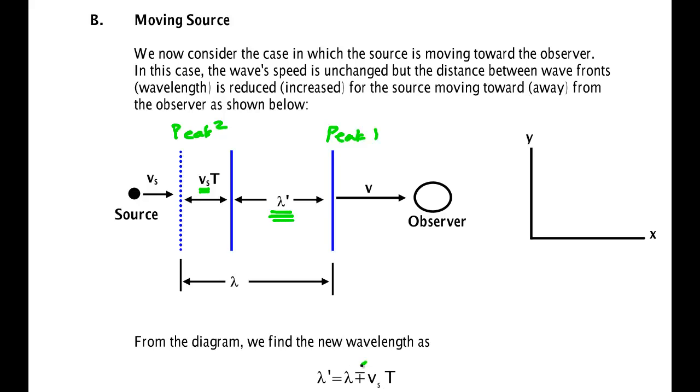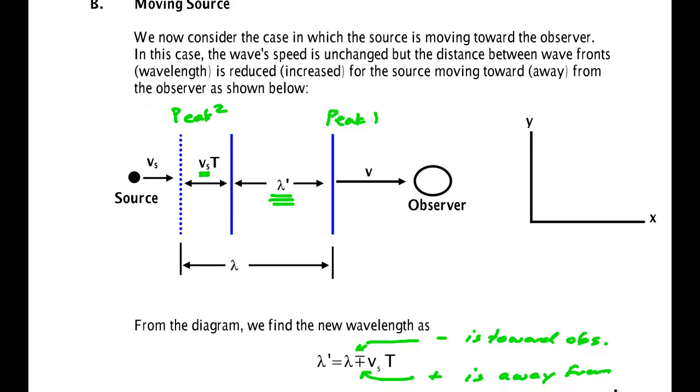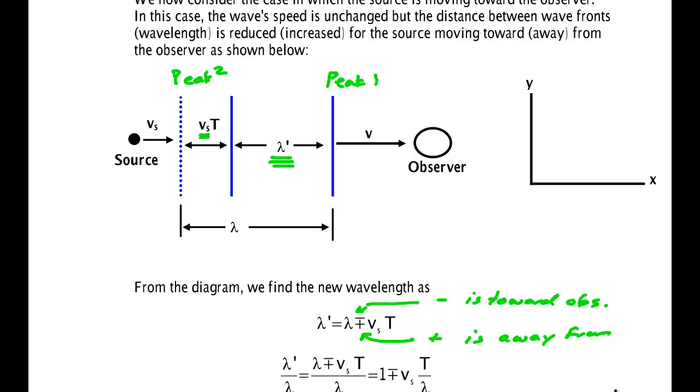Again, minus is toward the observer, plus sign is away from the observer.